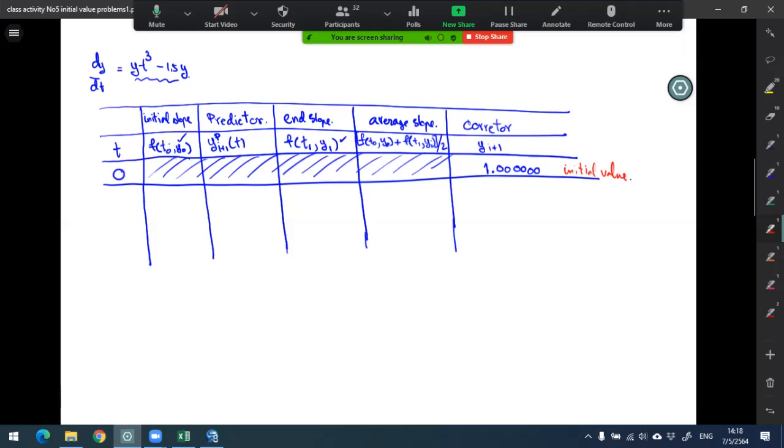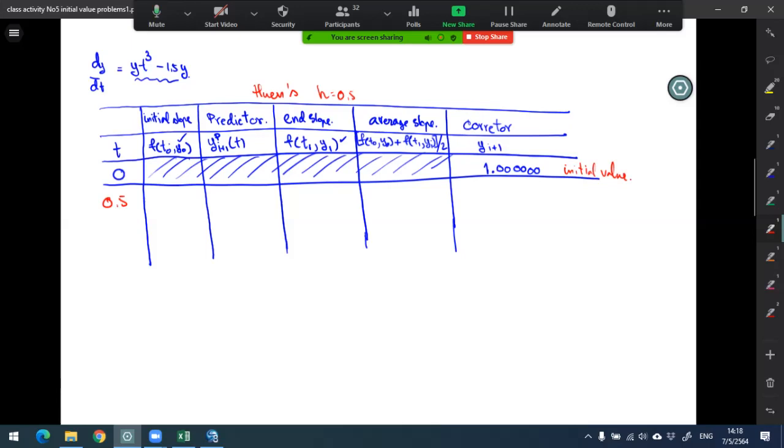Okay, then we will do next. We will solve for h equal to 0.5. We will solve just only one step, just first step only.